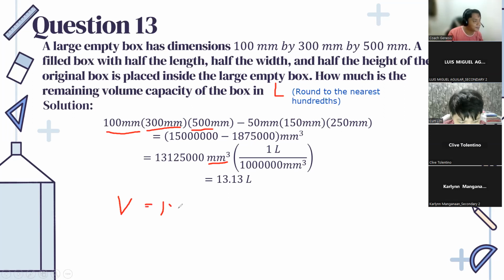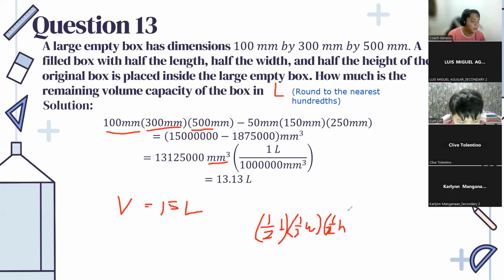Since the volume is 15 liters and you need to subtract a volume with dimensions half to the box, then what you can do is you'll have 1/2 length times 1/2 width multiplied to 1/2 height.